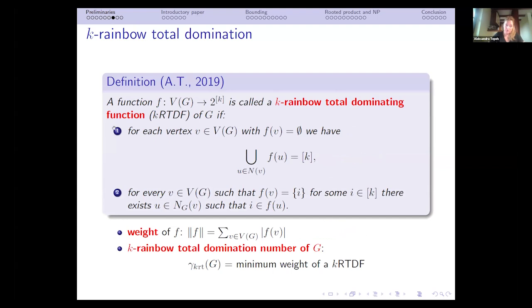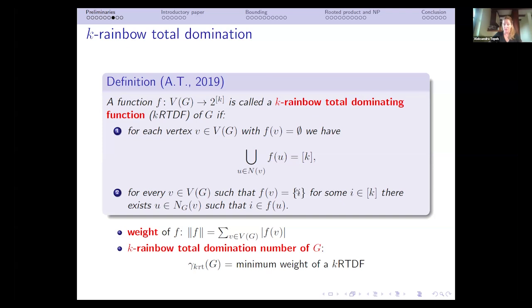To the condition we saw before, that each empty vertex needs to see all the colors in the neighborhood, we must add a condition that if a vertex is colored with only one color, then this color needs to appear in the neighborhood of this vertex.